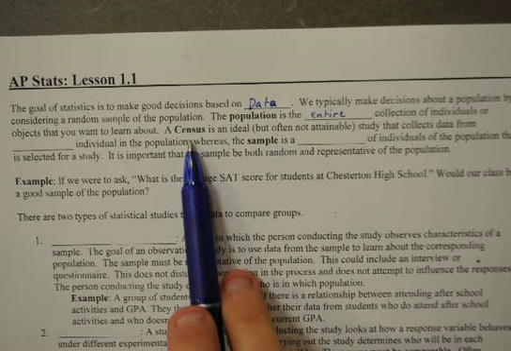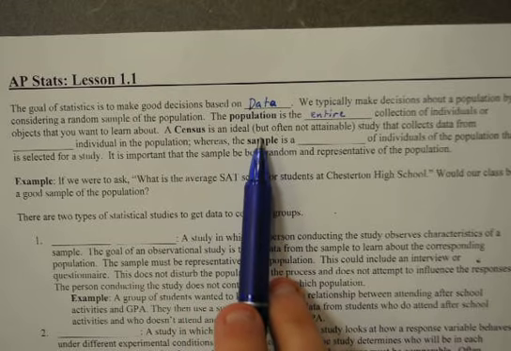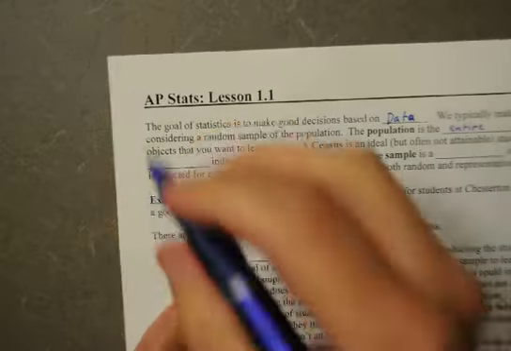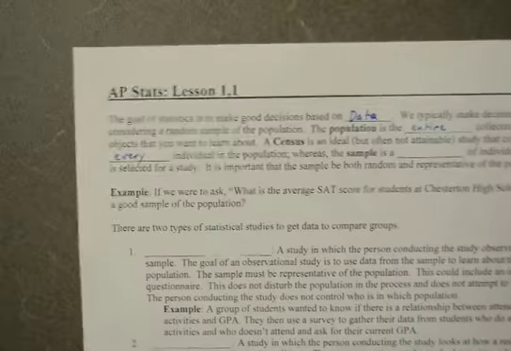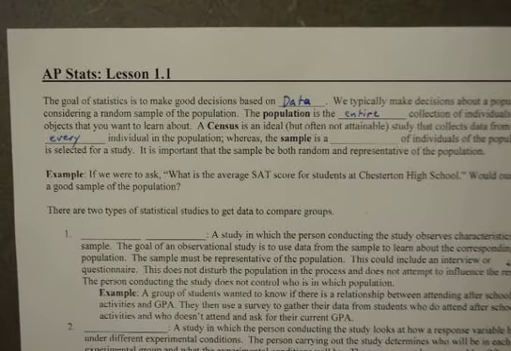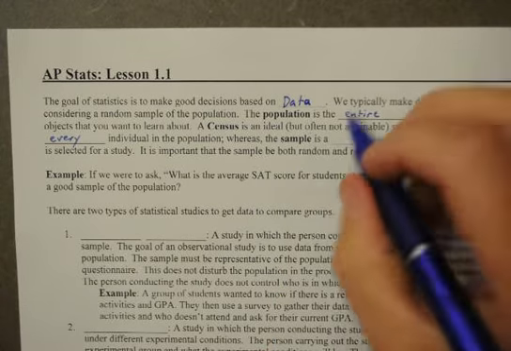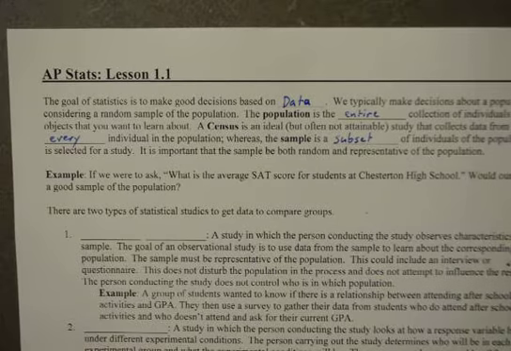A census, which we're in the midst of, is an ideal but often not attainable study that collects from every individual. So we have data on every individual that we're interested in, whereas a sample is a subset of individuals in the population for the study.